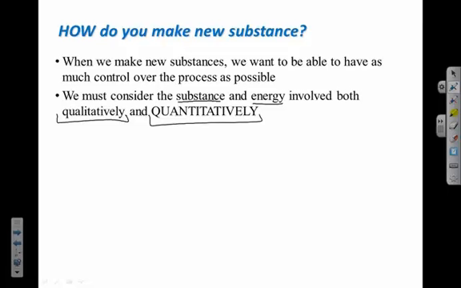What substances am I going to make? Does that process require me to put energy in, or is energy going to be released? And also, quantitatively, how much? How much product can I make? How much energy is going to be associated with the process? That's what we're going to be looking at here for the next few weeks.